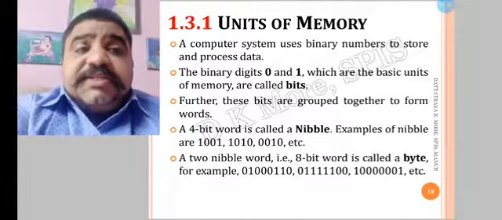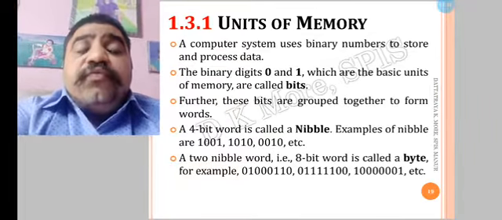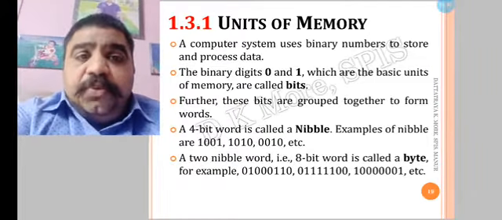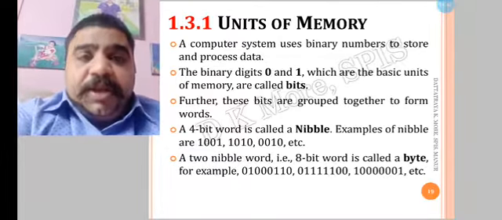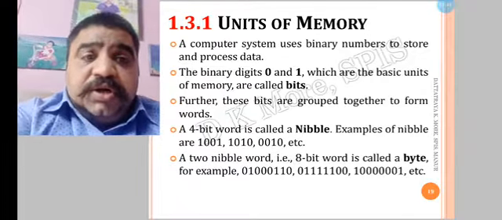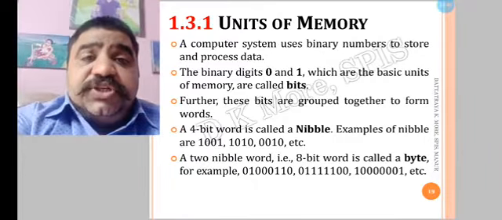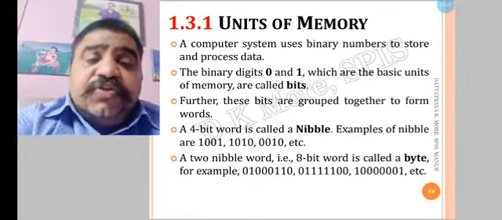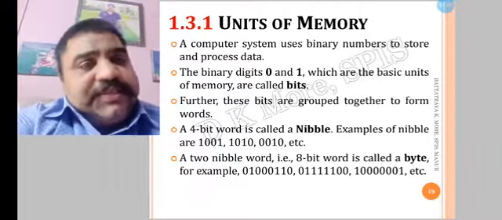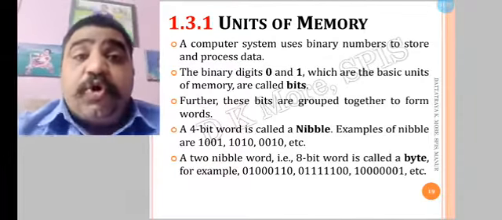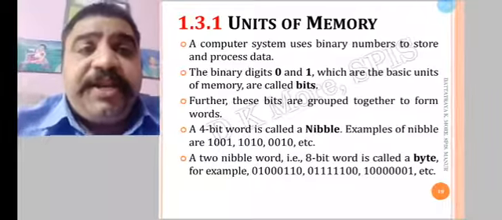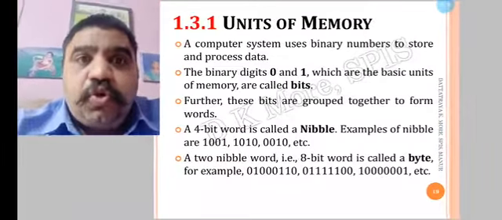Further, these bits are grouped together to form words. A 4-bit word is called a nibble. Examples of nibble are 1001, 1010, 0010, etc. These are the binary codes. With the help of these binary codes, the memories are stored.